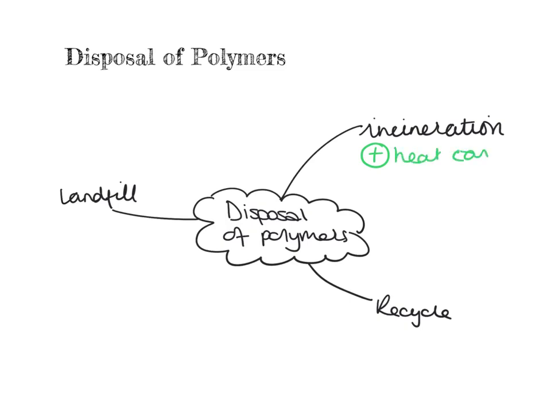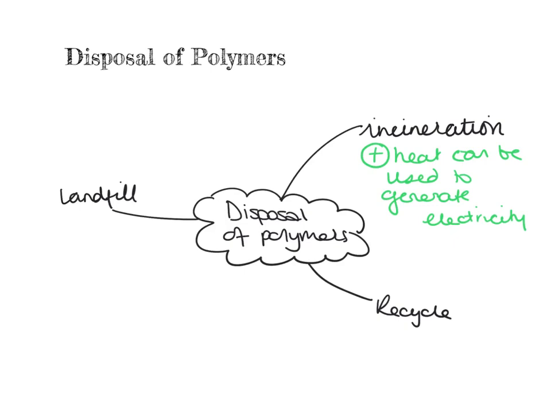So that's the main positive of incineration of plastics. Along with, if you're incinerating them, at least you're not adding them to landfill. That can be considered to be an advantage. But mainly, the heat from incineration can be used to generate electricity.